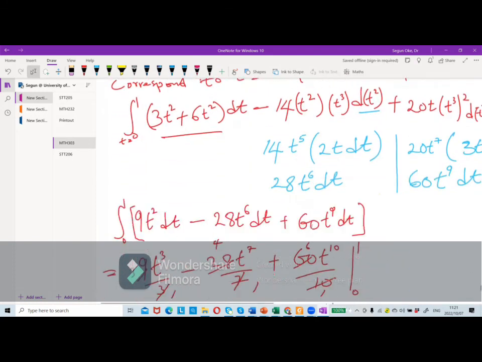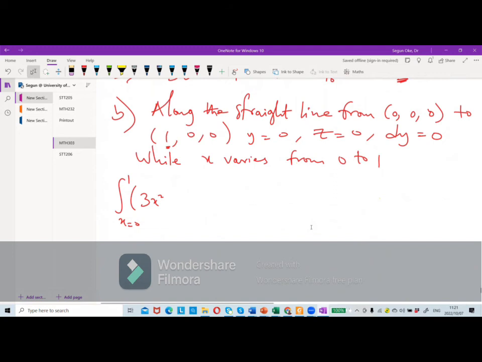So, 3x squared plus 6y dx, minus 14yz dy, plus 20xz squared dz.